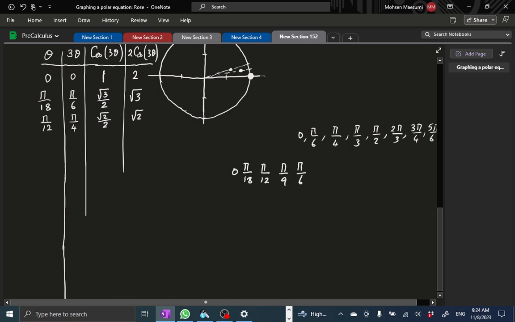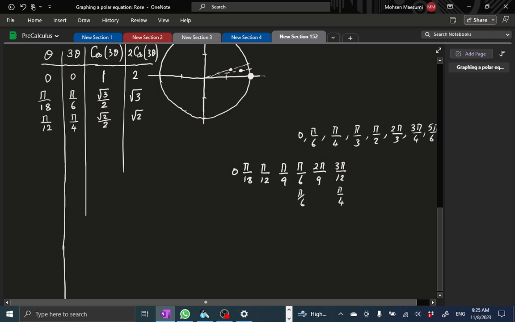You notice that 2 pi over 9, 3 pi over 12, that is of course the same as pi over 4. So this is our famous angle pi over 4. This is another famous angle pi over 6.